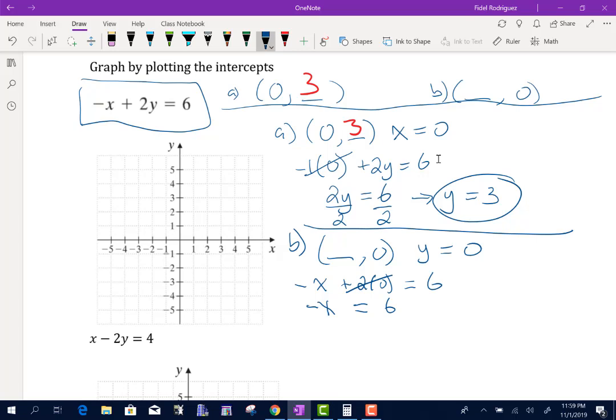Again, if it helps, think about the number in front of that x being the number -1. So now, when I divide both sides by -1, 6 divided by -1 is -6. So there's a -6 here and a -6 there.